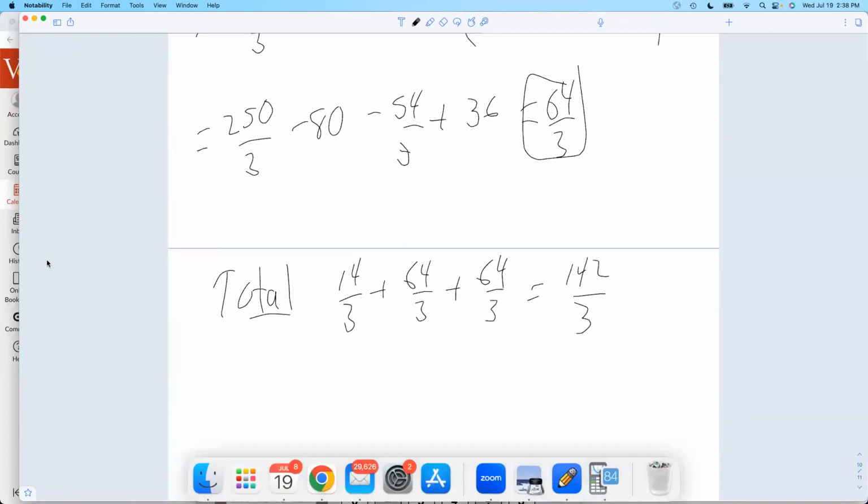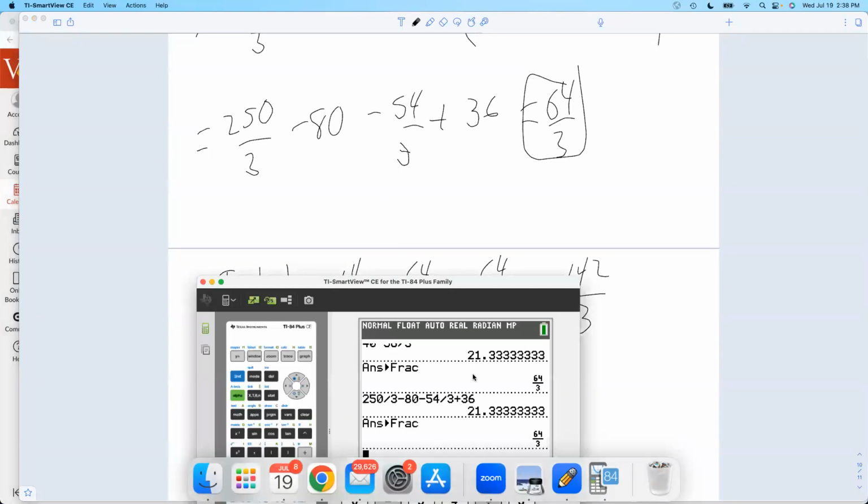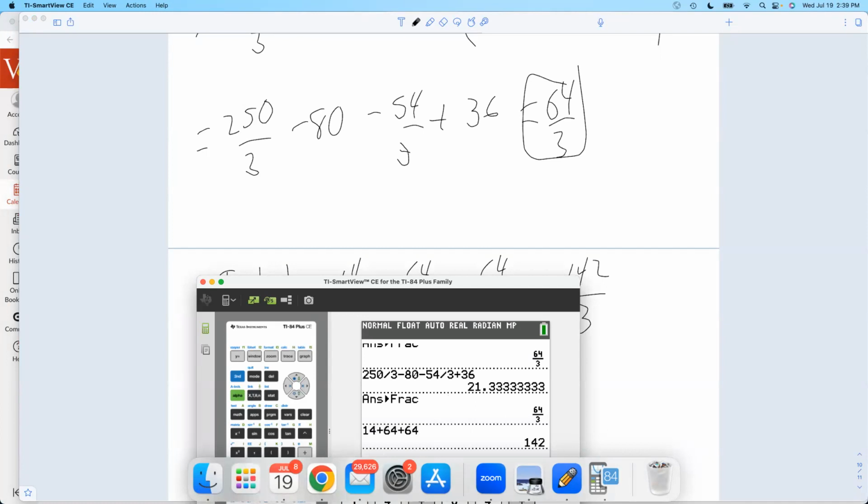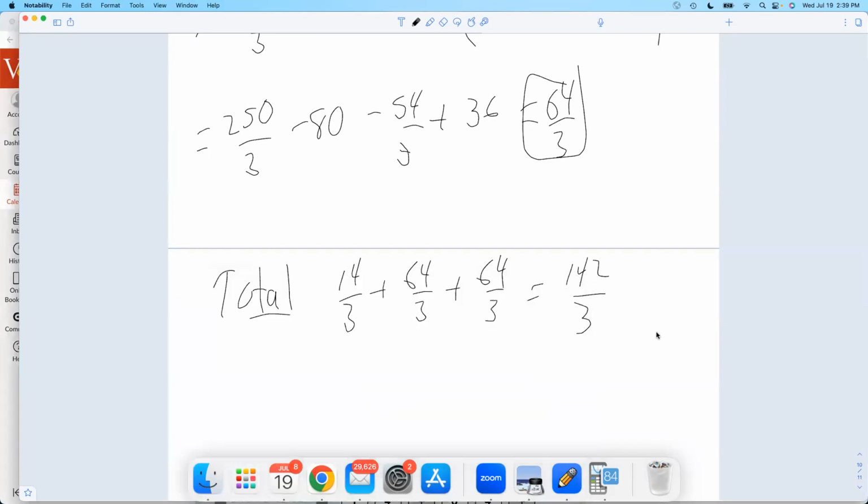Let's check that. 142 over 3, which 3 does not go into. I think we're done. All right, I'm going to pause and I'm going to check this answer.